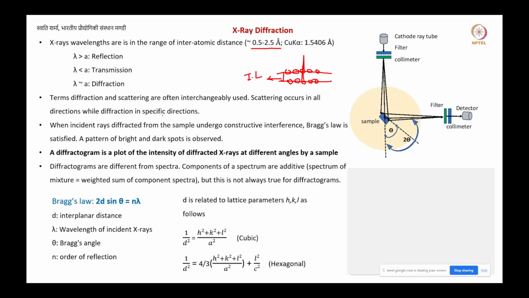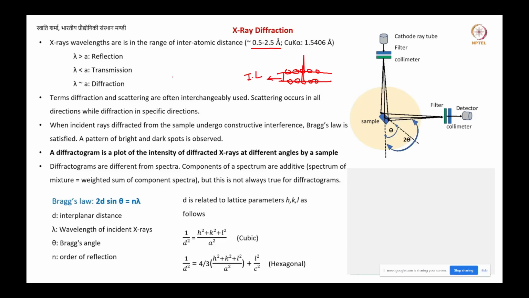You have often heard these two terms. First is scattering, which we learned about when studying different characterizations. But here, what is diffraction, and how does diffraction take place in XRD?